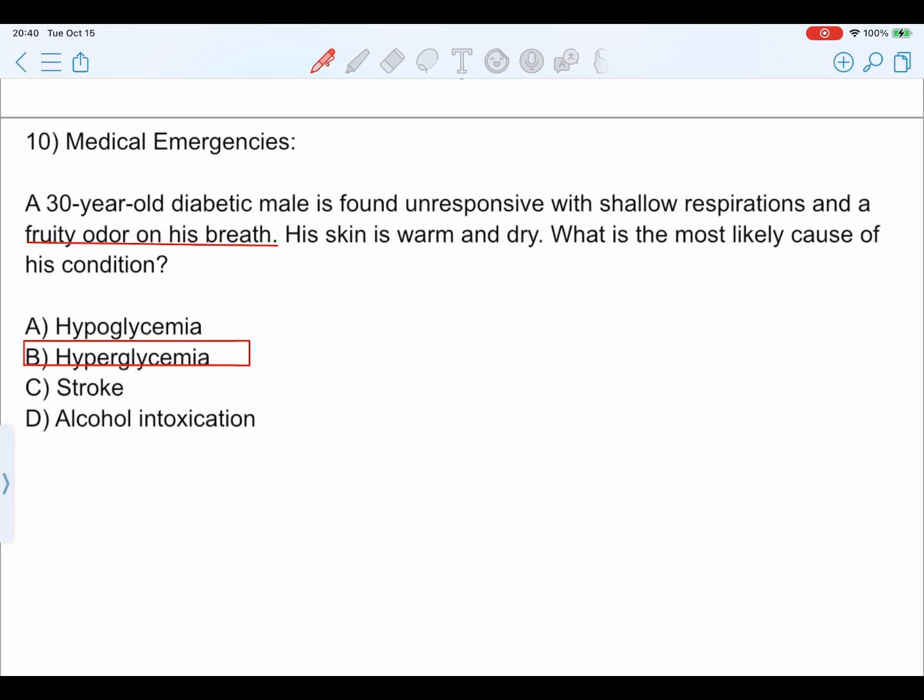So let's look at what I have underlined, which is fruity odor on his breath. This is a telltale sign of diabetic ketoacidosis, which is a condition typically found in patients with type 1 diabetes, could be type 2. Usually it's going to be in type 1 diabetes, and it's when your insulin is very low, your blood sugar is going to be really high because there's not enough insulin to let that glucose into the cells, so it remains in the bloodstream.